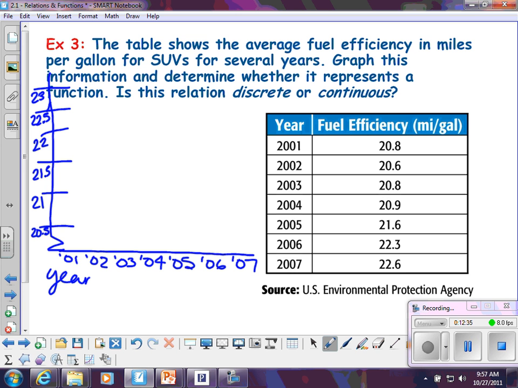All right. 01. What does 01 go with? 20.8. So it's going to be about right here, right? A little bit lower, probably. OCD, math.